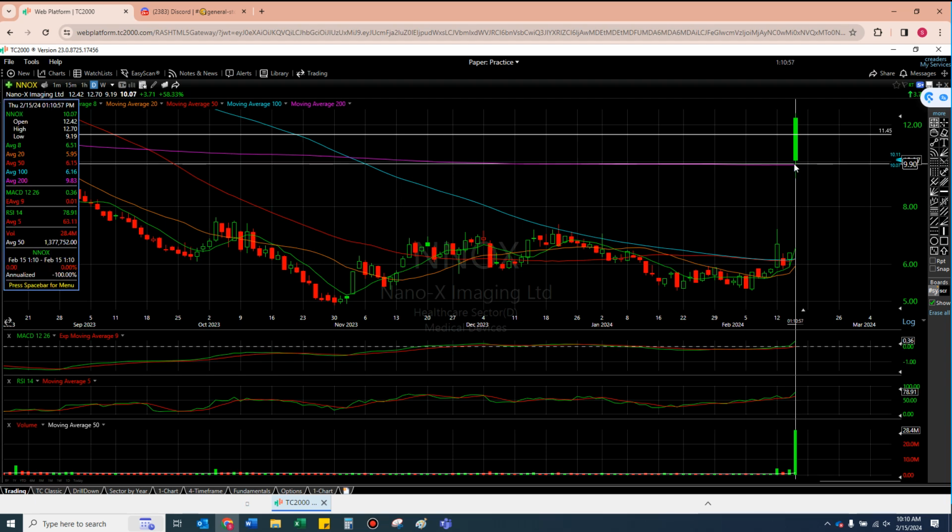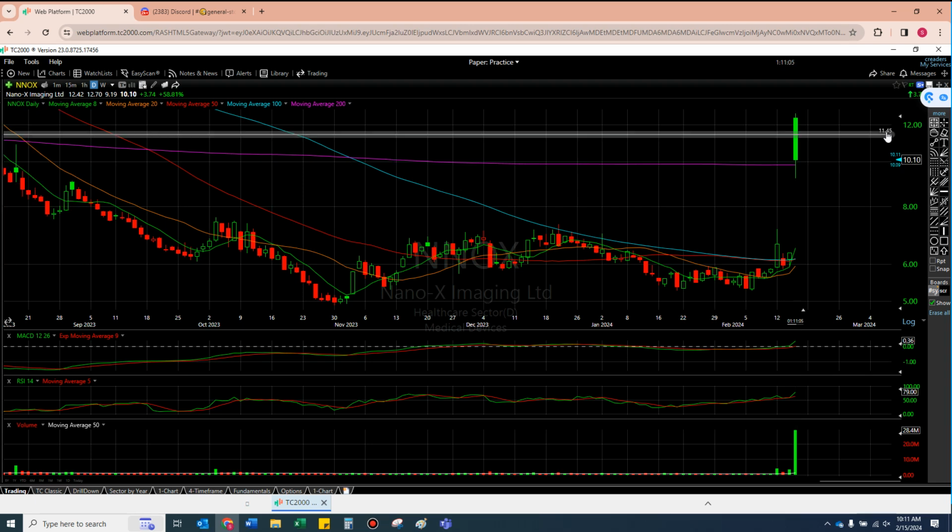You can see that sitting at 983. As long as this closes over 983, my goal, I believe, will be a climb towards 11 tomorrow. I think if we can hold the 100 MA, the MACD, RSI, and volume should be decent enough to go.